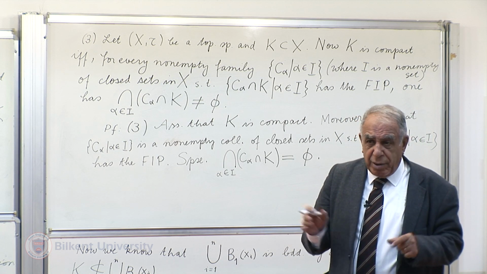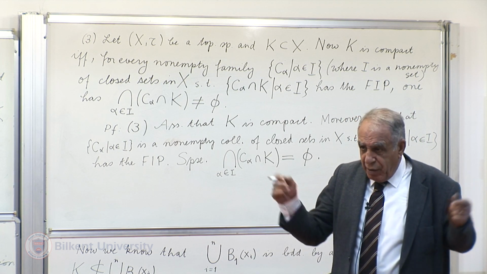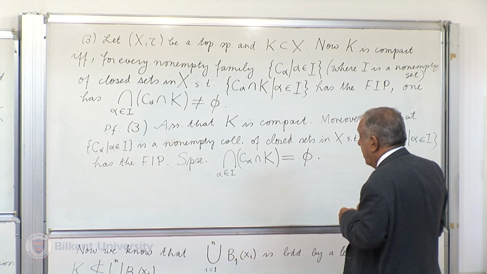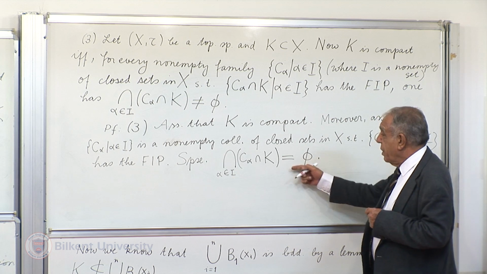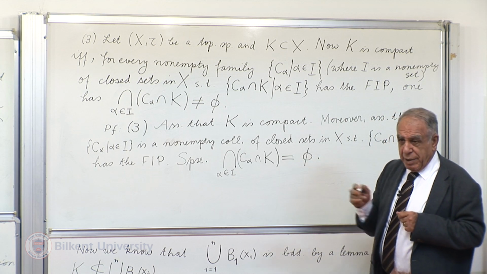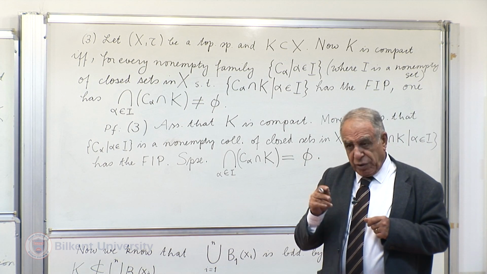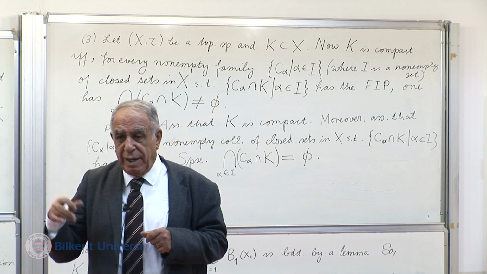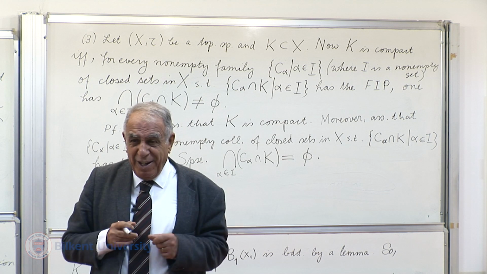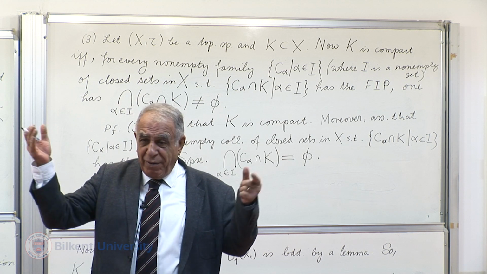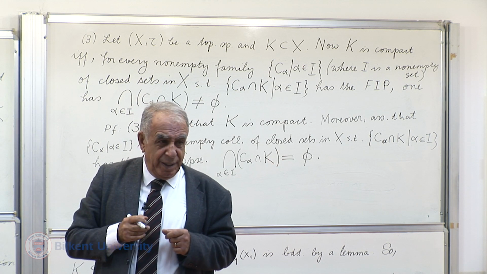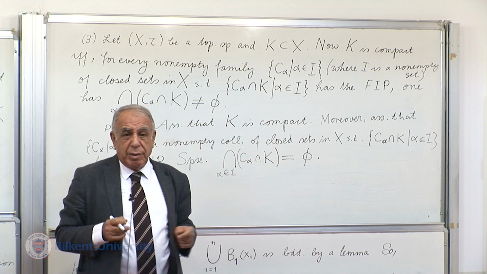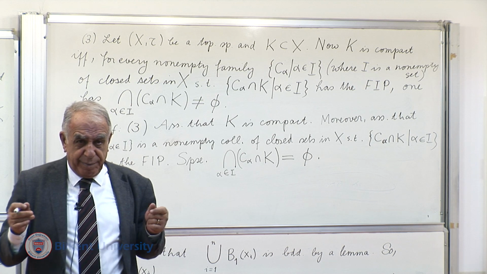For general topological spaces, that's the only thing we have at hand. So, using this supposition, let us try to get an open covering of the set K, which will not admit any finite subcovering. But since we have assumed that K is compact, that will be the desired contradiction.